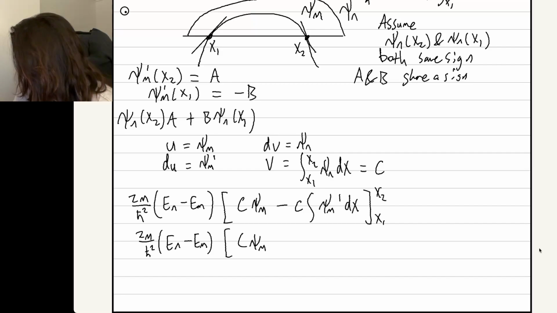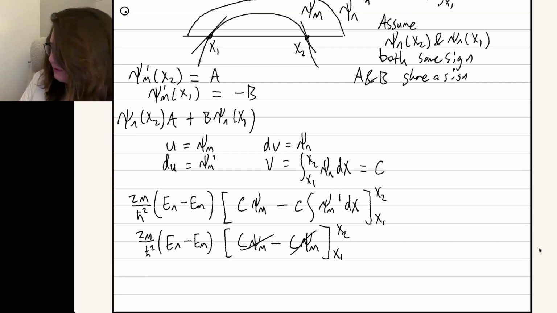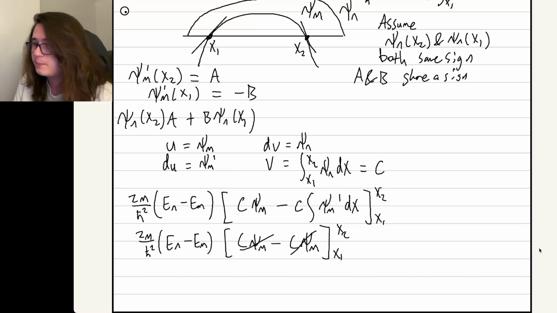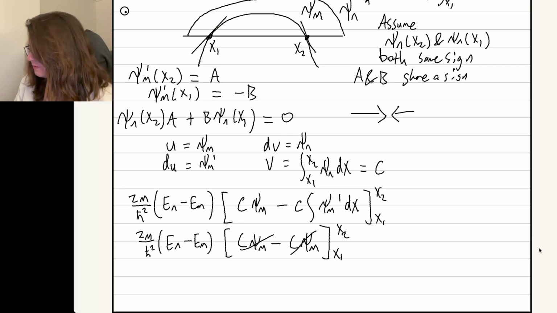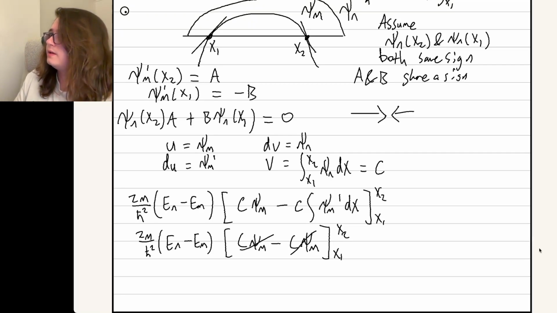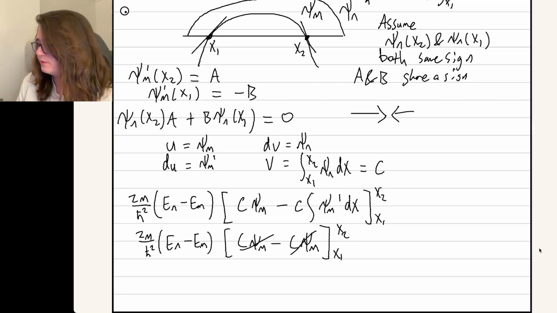We're going to have c psi m minus c psi m, which cancel out, which means this left-hand side of the equation, which we determined was a number, is 0, which is a contradiction to our assumption. So therefore, as energy increases, nodes have to increase as well.